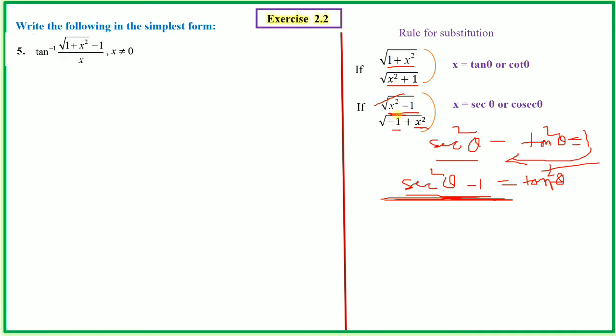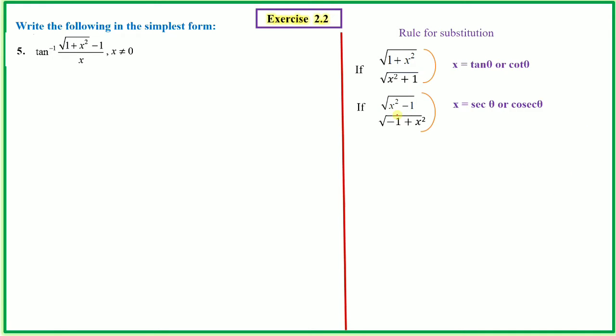Now the third type we may have is where the variable is negative and the constant is positive. So in this case we will substitute like the first identity, sin square theta plus cos square theta is equal to 1. So we will substitute here x is equal to sin theta or cos theta.